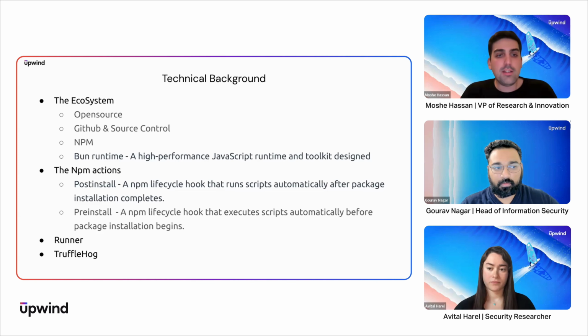Runners are the core foundation of the CI/CD pipeline, where things happen, where secrets are installed or injected at runtime. And lastly, TruffleHog, a simple open source tool used to track and detect secrets at runtime and on disk. This entire ecosystem is part of the attack.